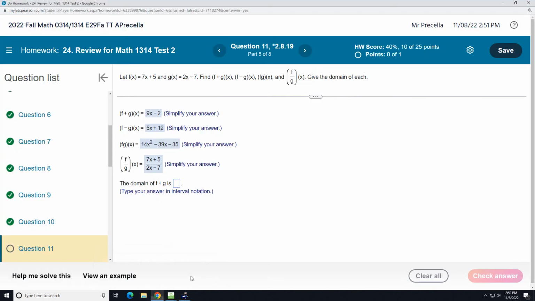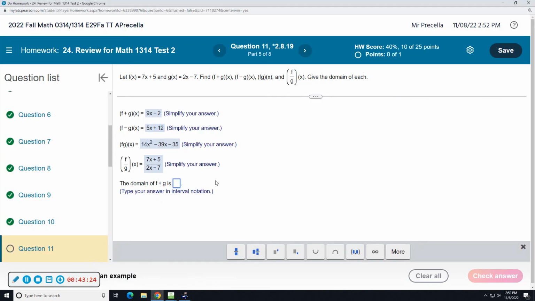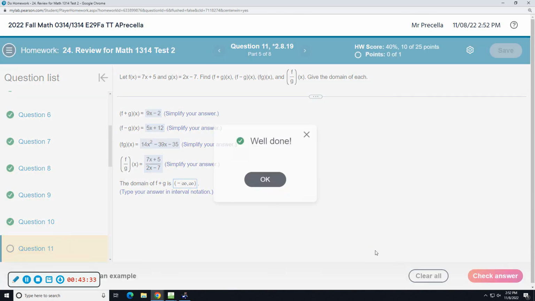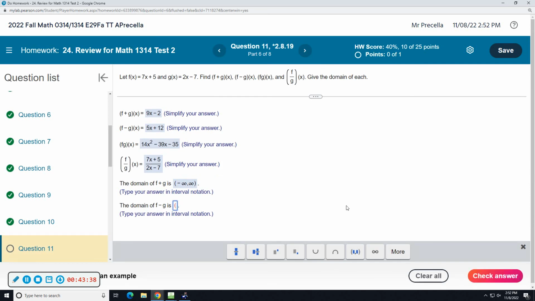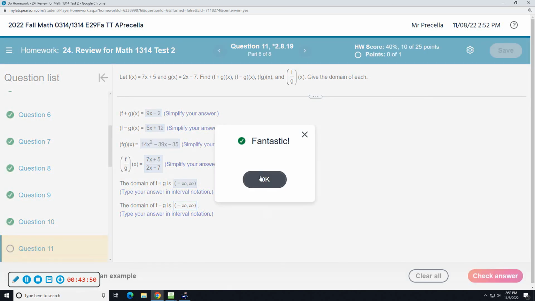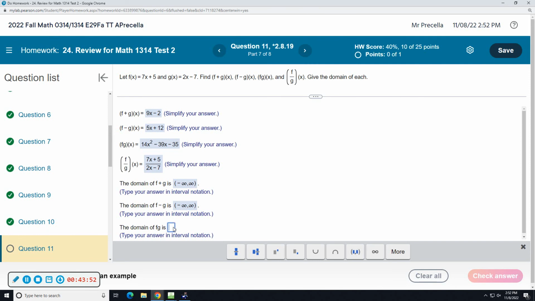But right now, f plus g, all real numbers, parenthesis, negative infinity, comma, infinity. I should have copied and pasted that because I'm going to have to type it three times. And f times g, paste that in.